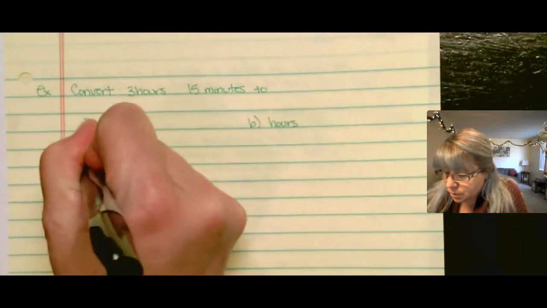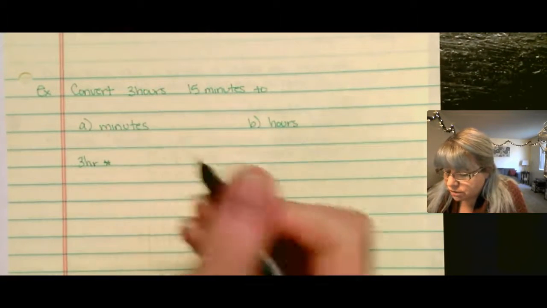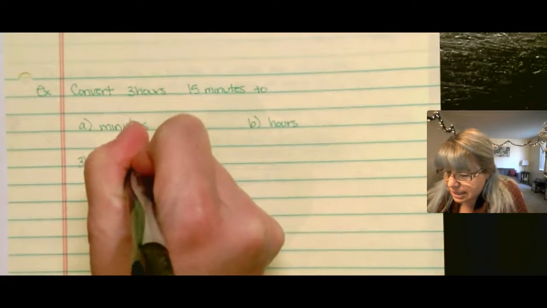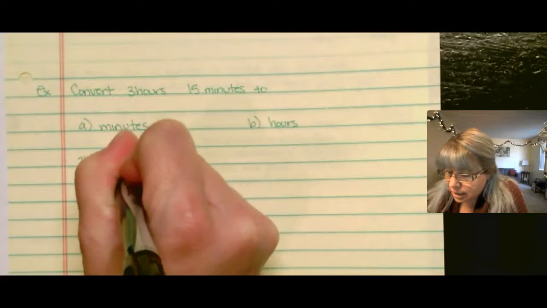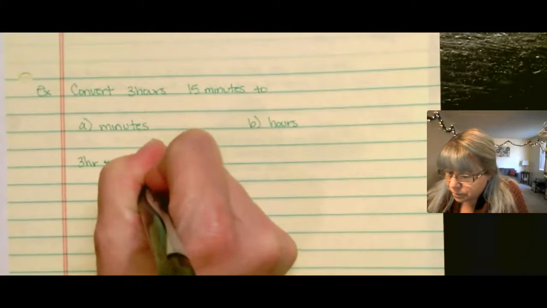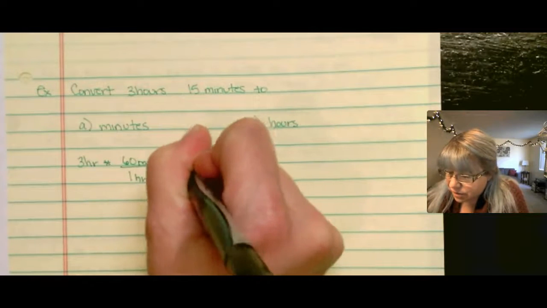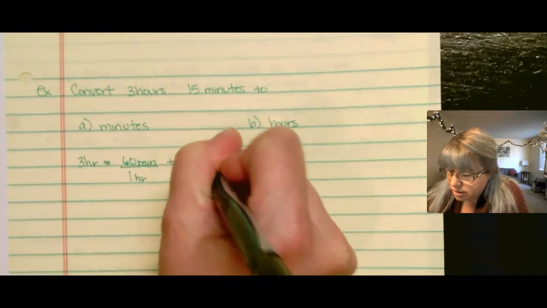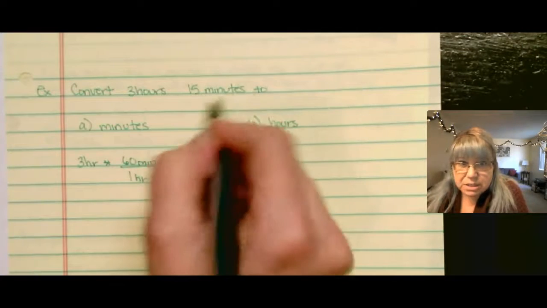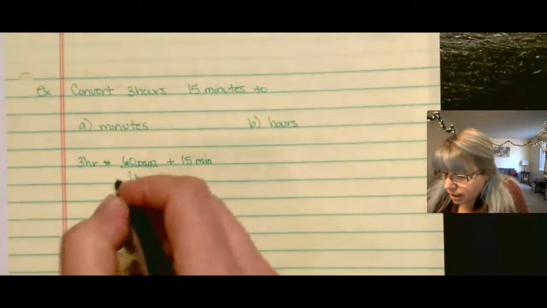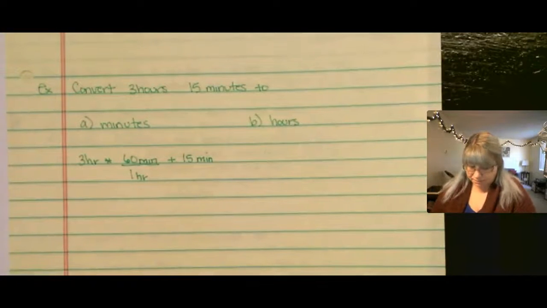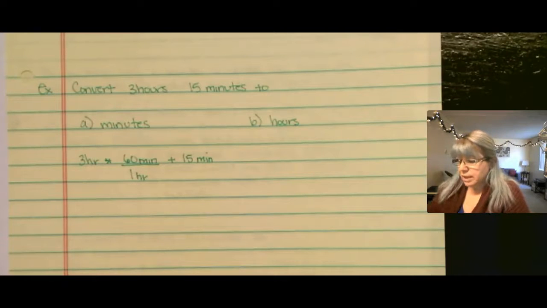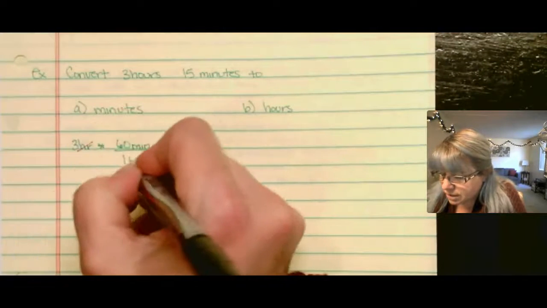So let's set it up. 3 hours times our conversion factor. That's 60 minutes in 1 hour, plus the 15 minutes that I started with. I can't forget this 15 minutes hanging out there. Okay. Whole point of this was to be able to eliminate the units of hours.